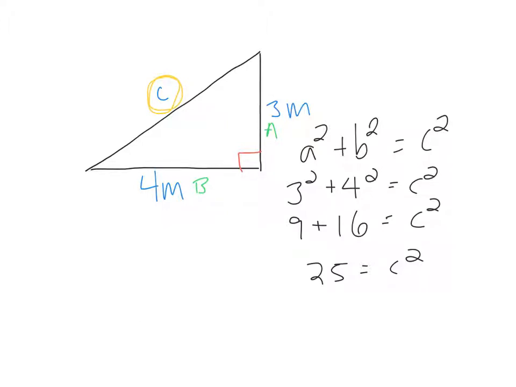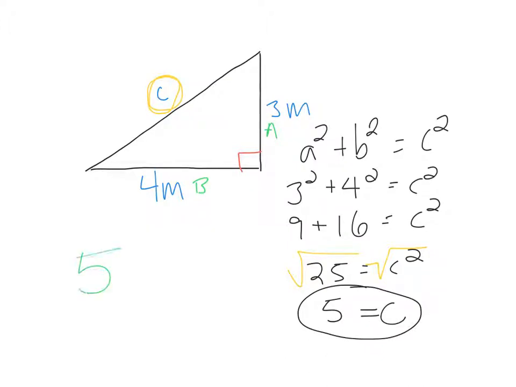And the opposite of a square is simply a square root, and we have to do that to both sides. Since I now did that to both sides, I am left with c, and the square root of 25 is 5. So I know that the length of c is now going to be 5 meters.